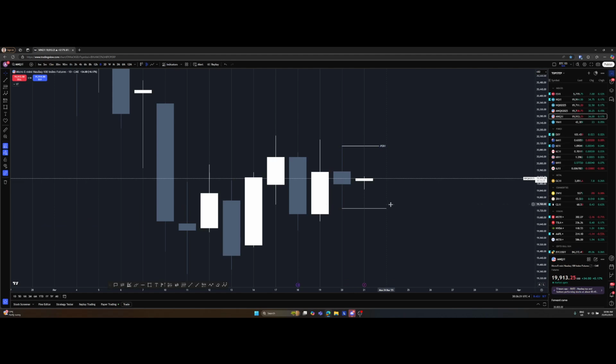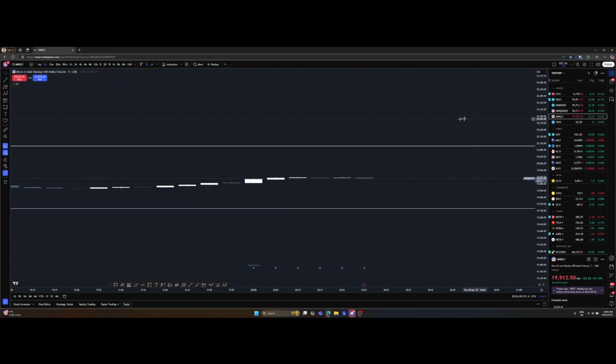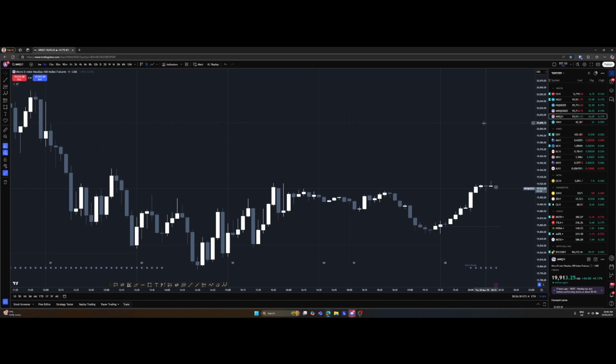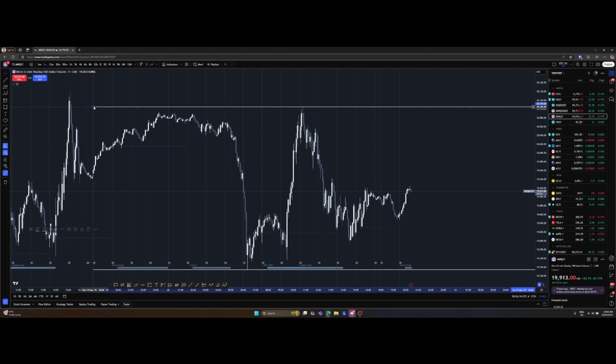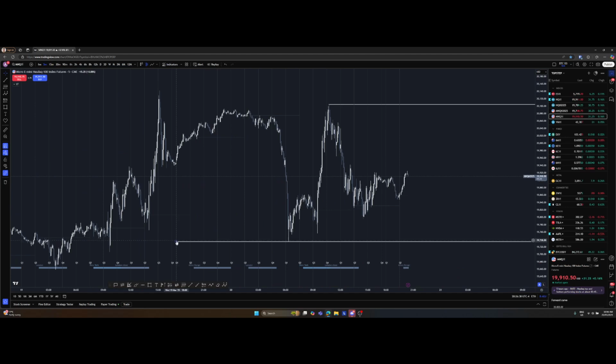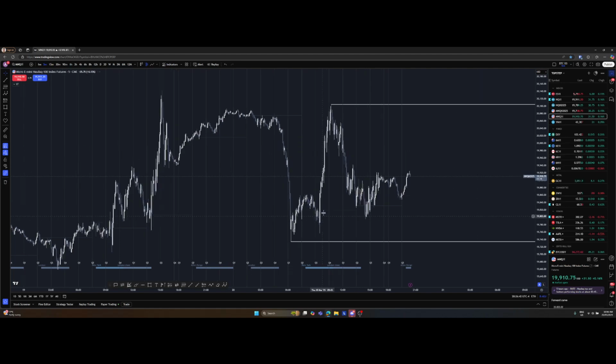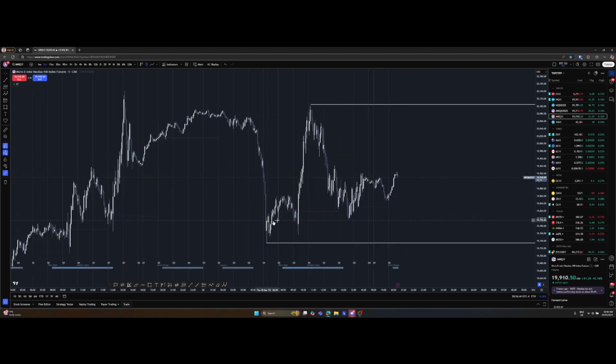All right, so we have our PDH, PDL, previous day low. Go back to the 5-minute chart, and we'll clean these up. Did anyone get the long down here up to Asia high at all during New York?